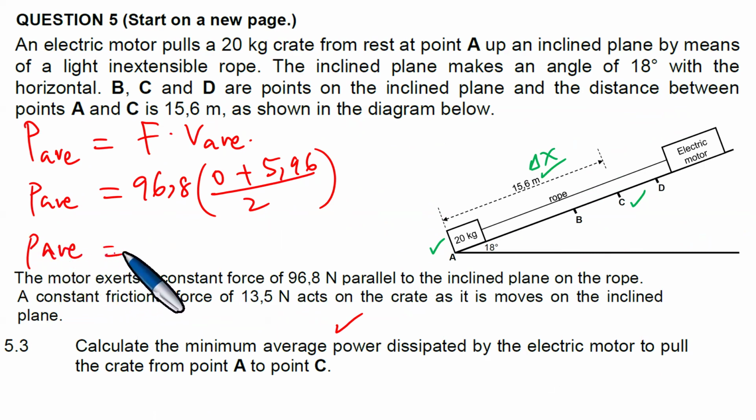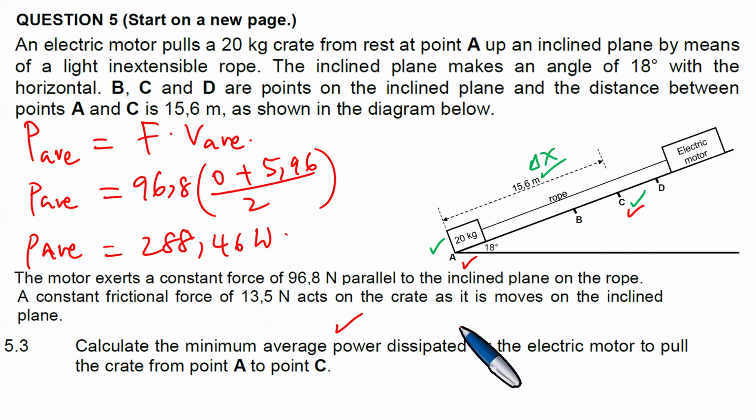Therefore the average power is 288,46 watts, which is the minimum average power dissipated by the electric motor to pull the crate from A to C.